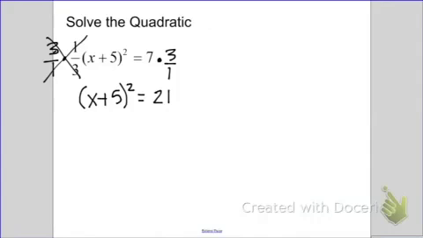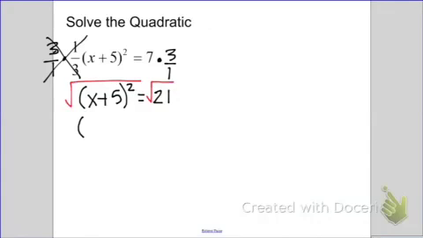So now at this point, before I can get to that 5, before I can subtract the 5, I'm going to have to get rid of the square. So this is the point where you square root both sides. And that allows me to cancel out that square. So let's rewrite the leftovers.